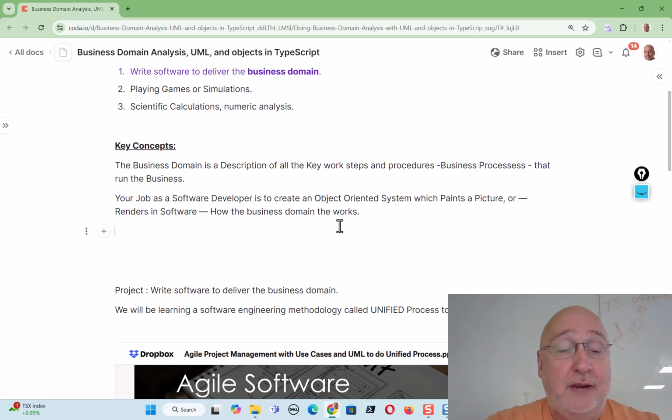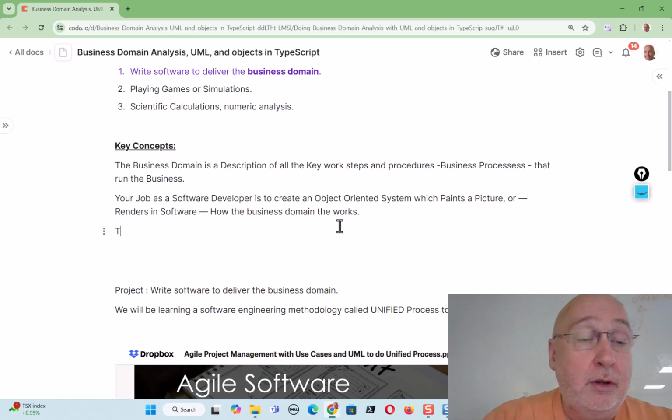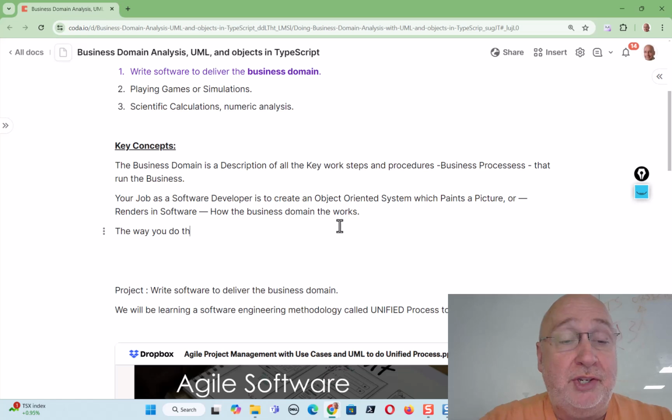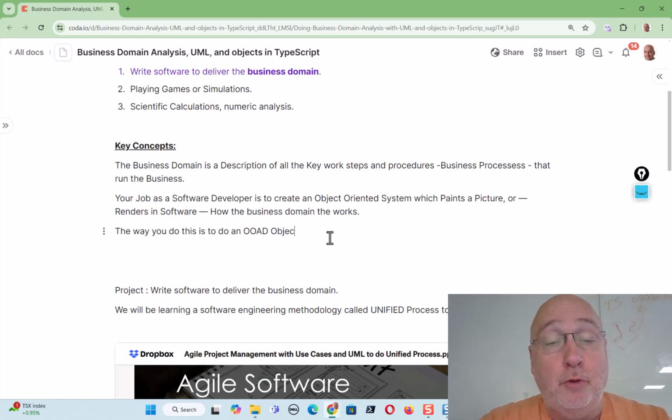So the way you achieve this is as follows. The way you do this is to do an object-oriented analysis and design on your business domain using UML.